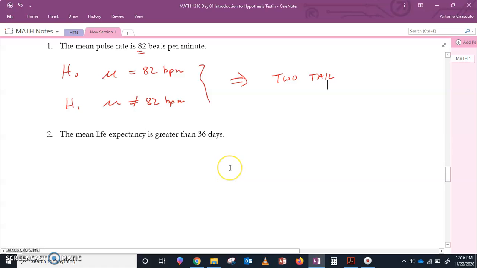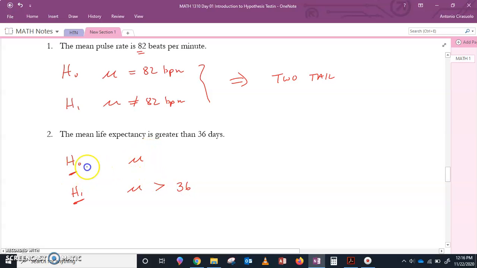In the second case, the mean life expectancy is greater than 36 days. In this case, we can say the mean is greater than, and if it's greater than, we always show the value with the alternative hypothesis: greater than 36 days.